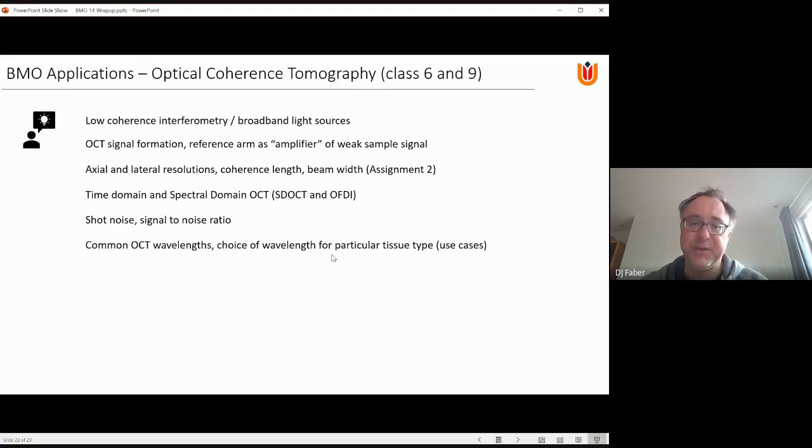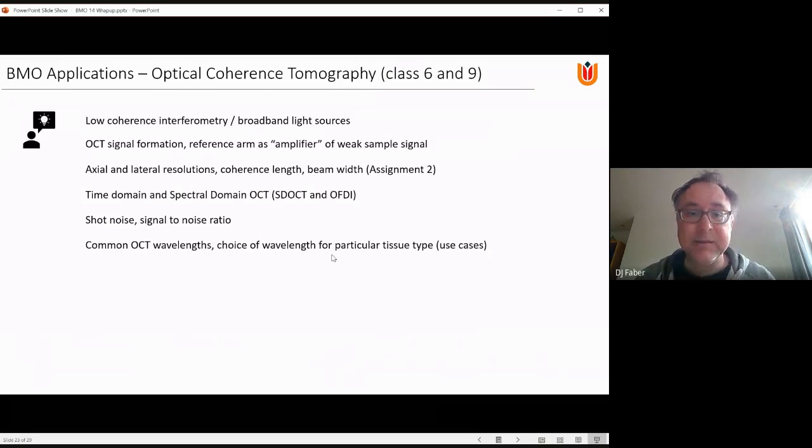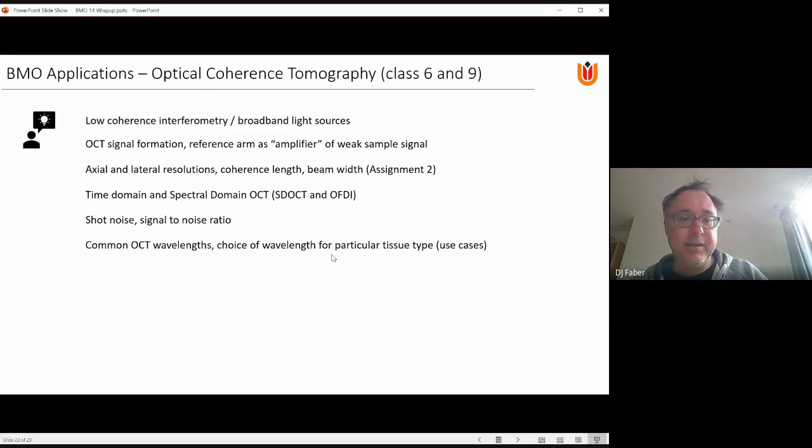And the principle in OCT is then to turn it around, say that if I see an interference pattern and I know the length of one arm, then I can calculate the length of the other one, and I know where my reflection came from. So that is basically the signal formation.